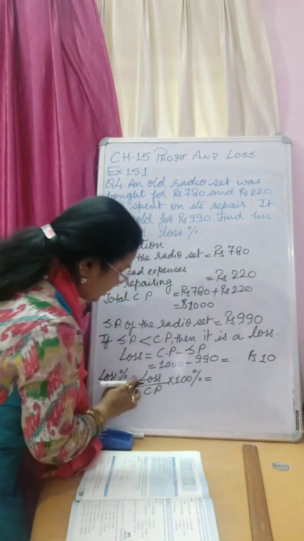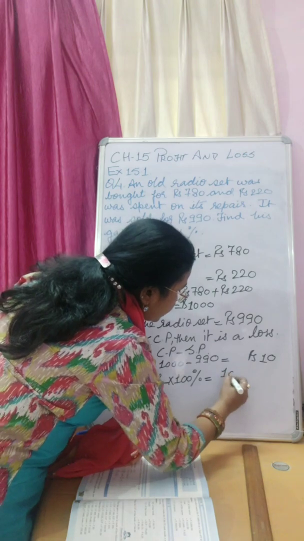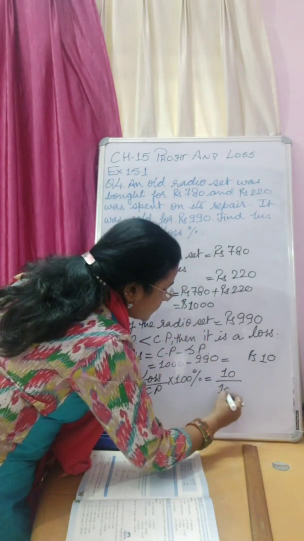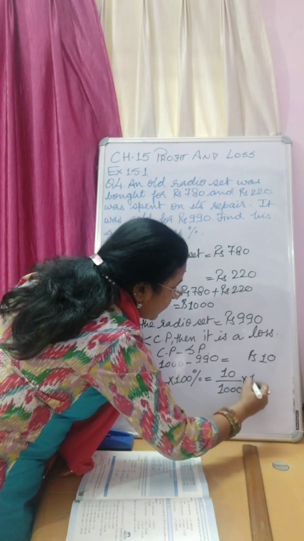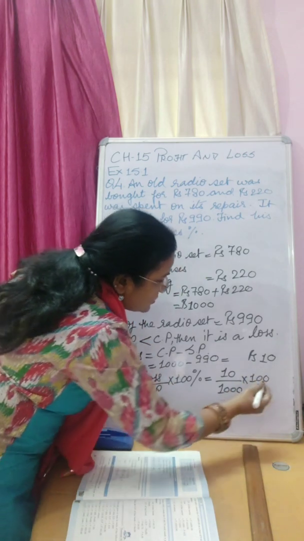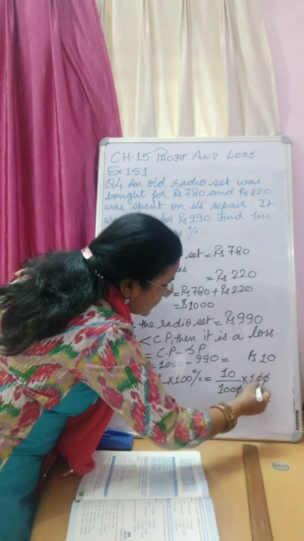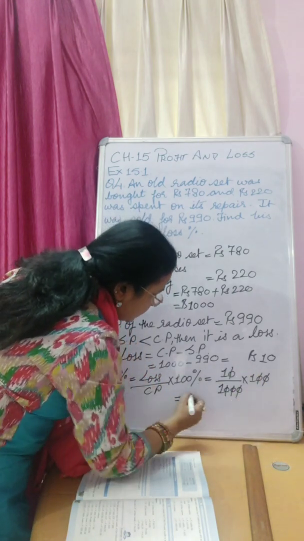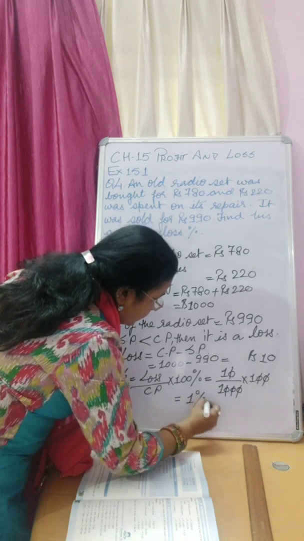Now let us see what is loss. This is 10 divided by what was CP, 1000 rupees, into 100. Now we'll cancel zeros. 1 0, 1 0, another 0, another 0, third 0. So what we are left with, 1 into 1 divided by 1 is 1%.